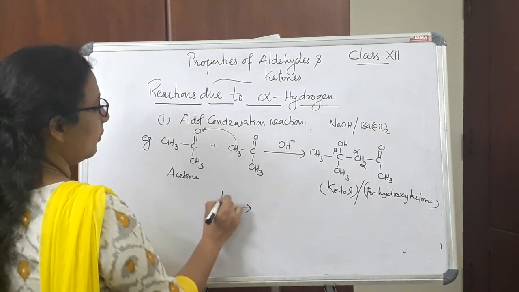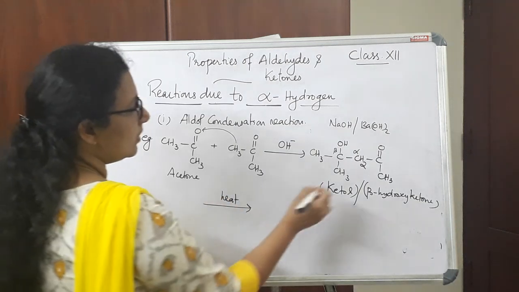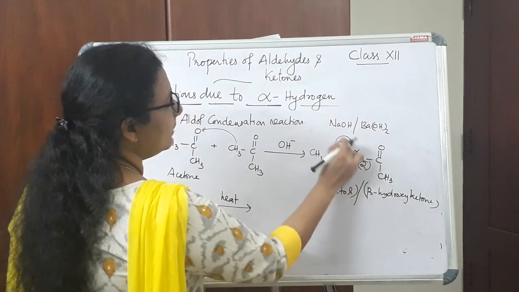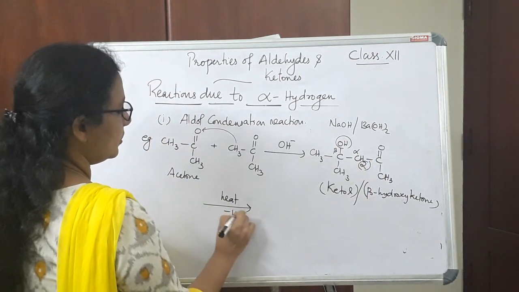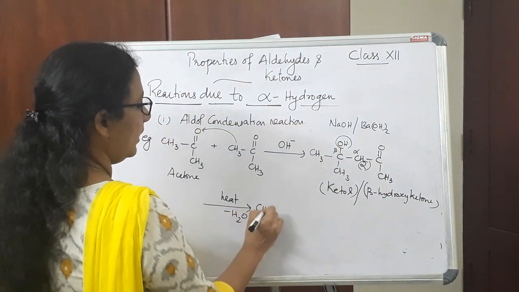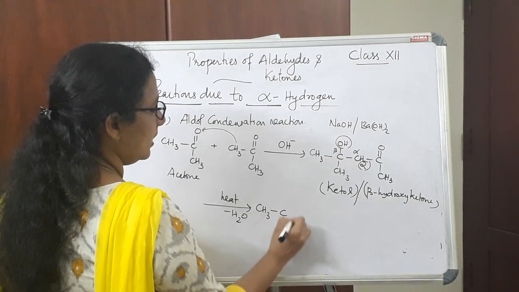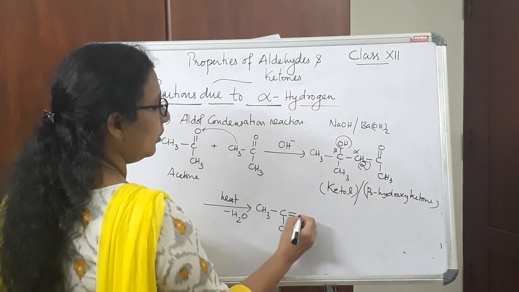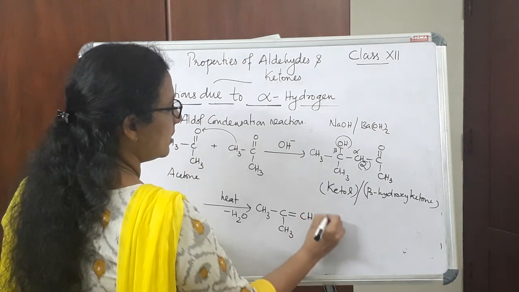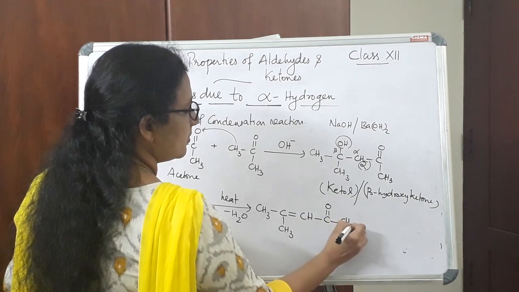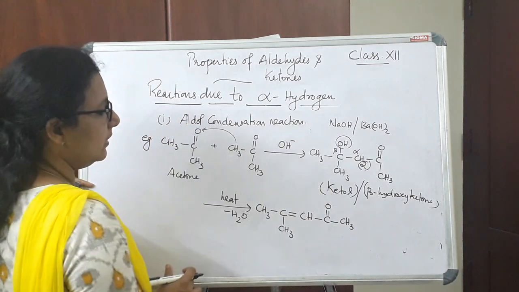In the next step, on heating, one molecule of water is eliminated from here, and the product will be CH3C(CH3)=CH-CO-CH3. So this will be the final product.